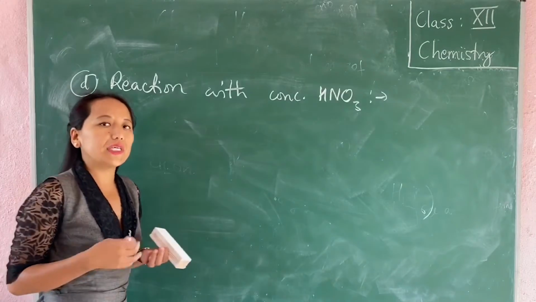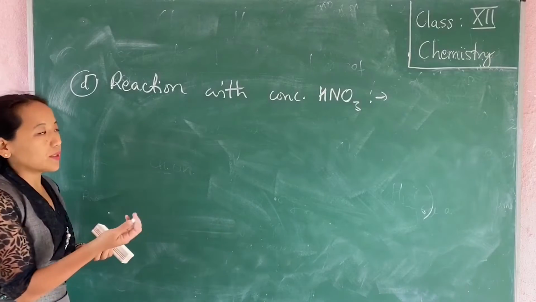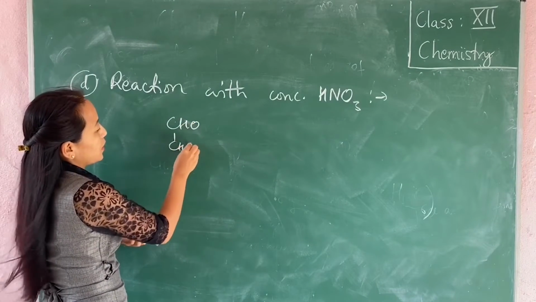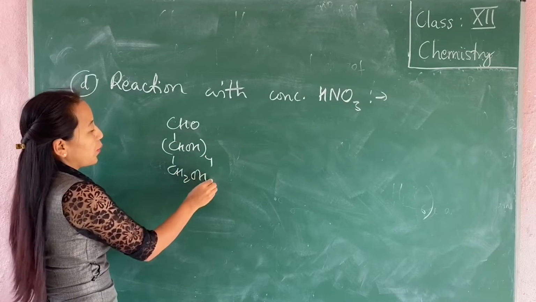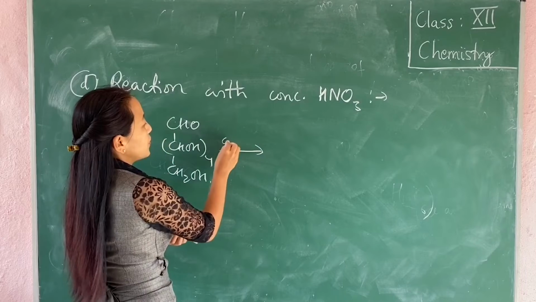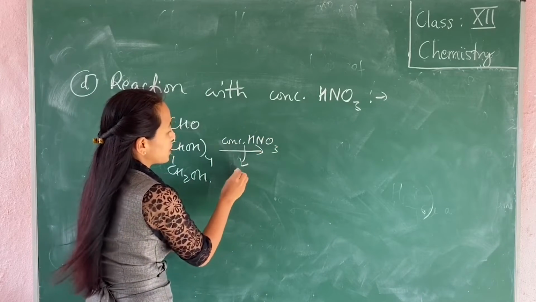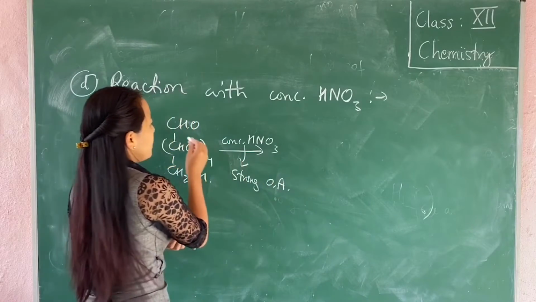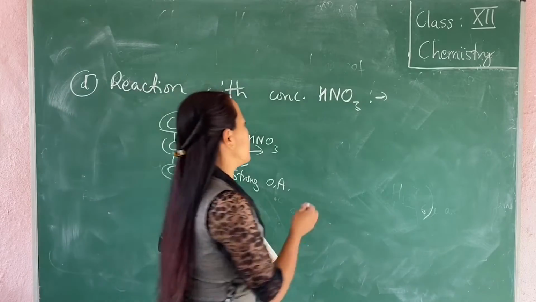The next reaction that was carried out was when glucose was treated with concentrated HNO3, CHO, CHOH 4 times, and then you have CH2OH. When it was treated with concentrated HNO3, it acts as a strong oxidizing agent, and both the groups C1 and C6 got converted to a carboxylic acid group.